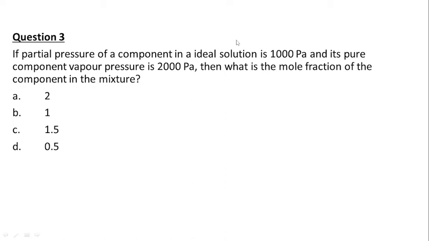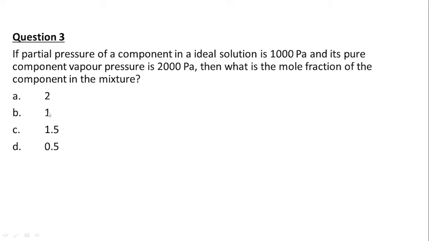Partial pressure to the vapor pressure. Yes, partial pressure and vapor pressure are related as partial pressure is equal to mole fraction times the vapor pressure of that component. So here partial pressure is given as 1000 Pascal, vapor pressure is 2000 Pascal, so mole fraction will be equal to 0.5.